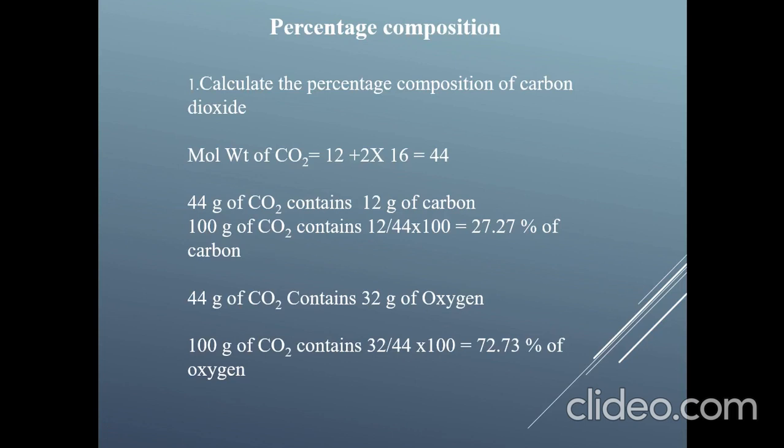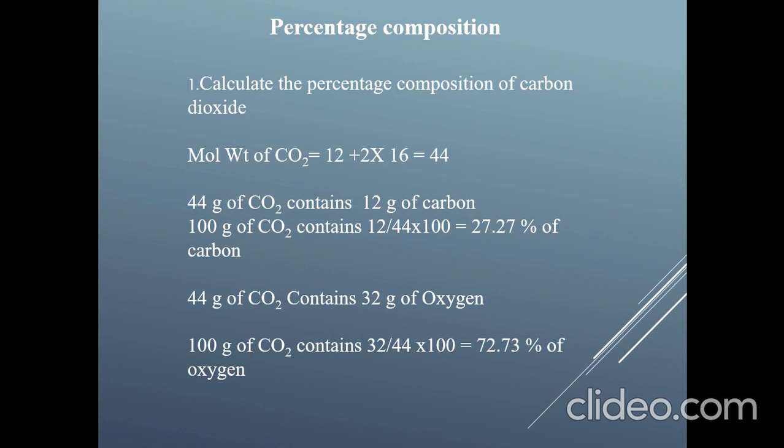Now students, let us understand about the percentage composition. Let us take the example of different marks which you score in different subjects. While taking out the percentage, you add them and then take out your percentage, right? In the same way, the percentage composition of an element is also taken.